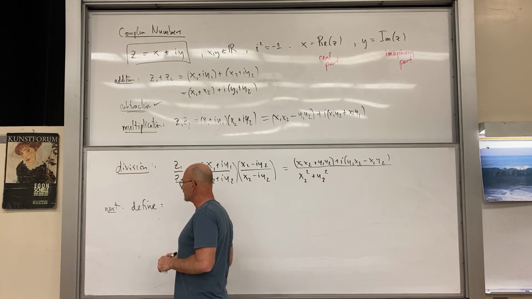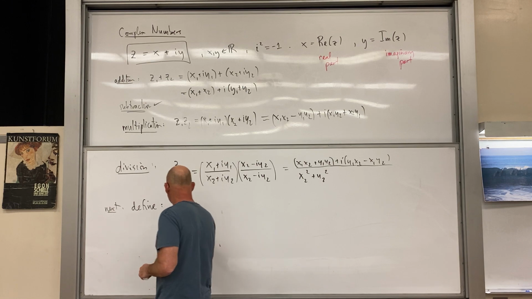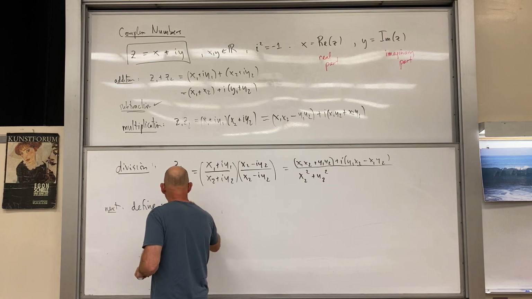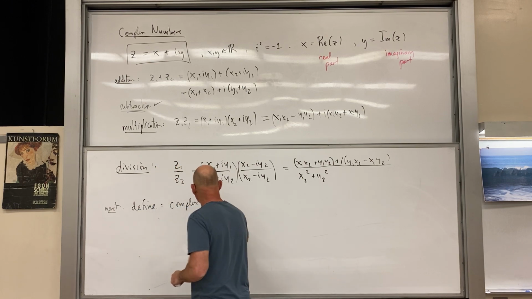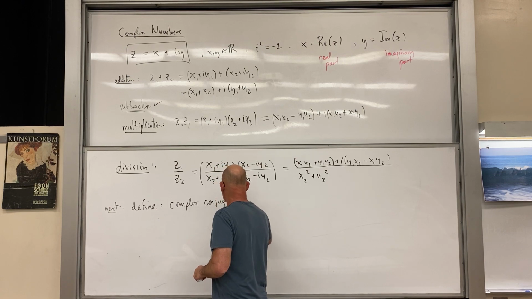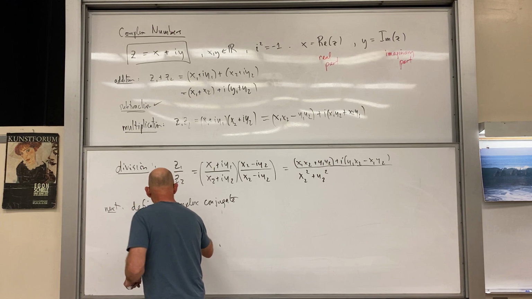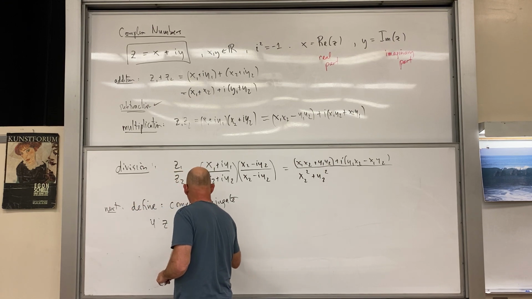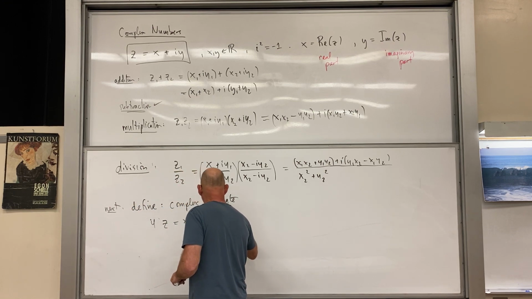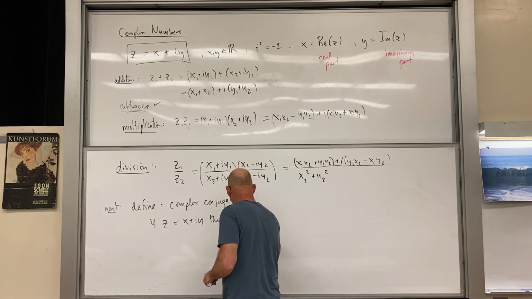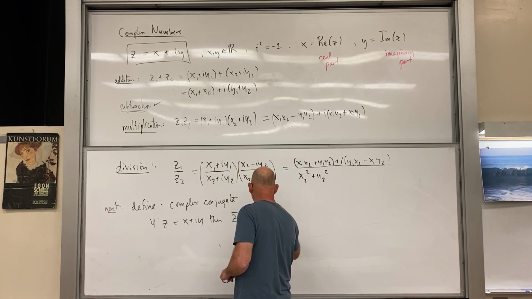The first thing is the complex conjugate. So if z is equal to x plus iy, then z bar is equal to x minus iy.